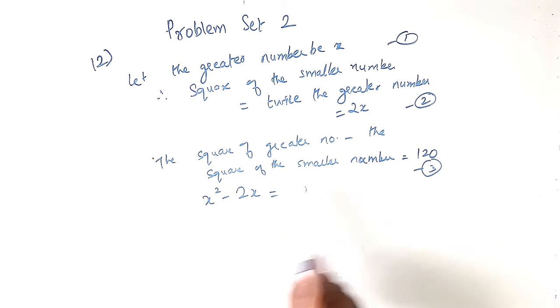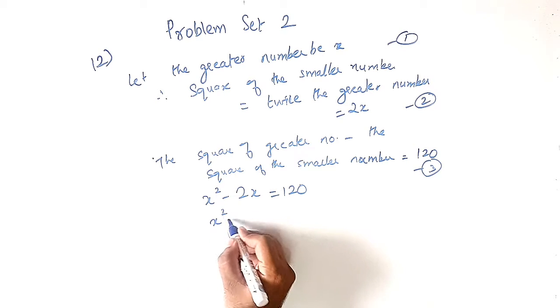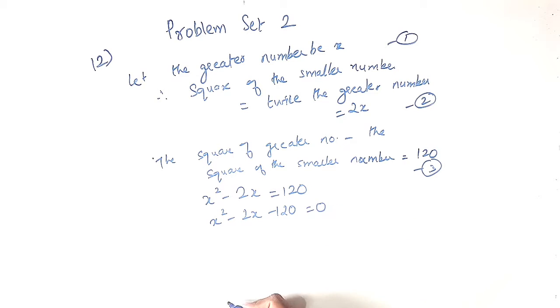So the difference is the square of the greater number, x square, minus the square of the smaller number. So x square minus 2x is equal to 120. Now you can solve it easily. x square minus 2x minus 120 equals 0.